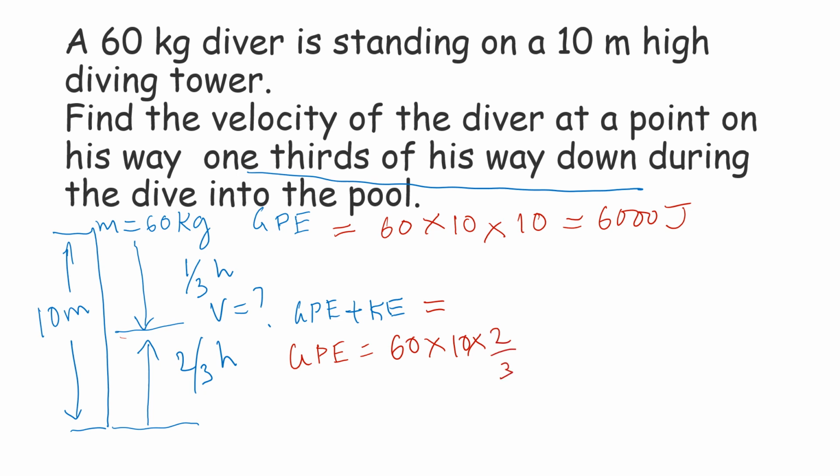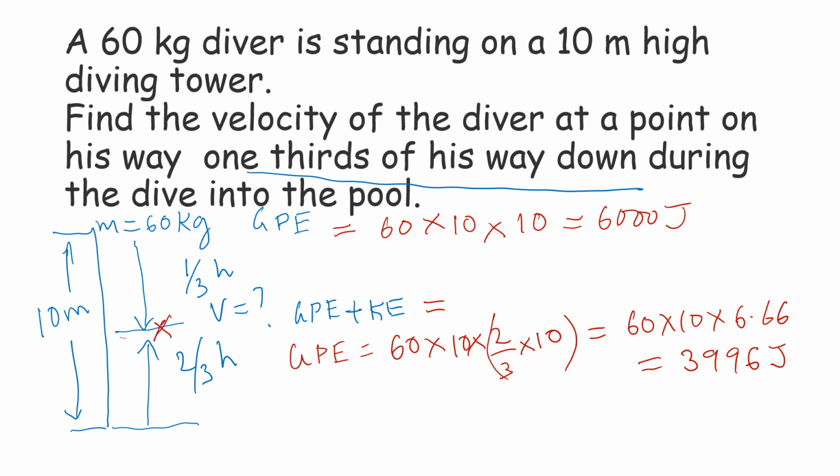So 2/3 of 10 meters. And that is going to be 60 times 10 times 2/3 of 10 meters, which is 6.66. And if we solve it, you'll get 3996 joules. Now this is the gravitational potential energy at this point.